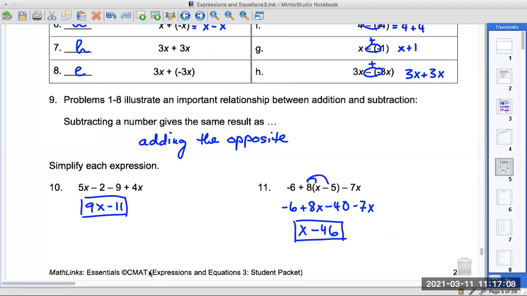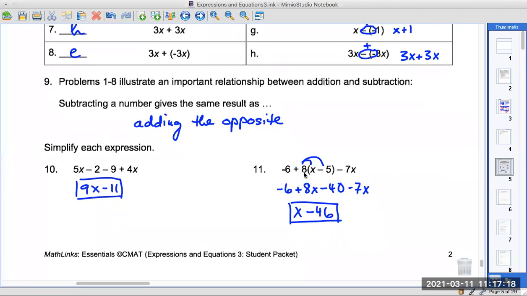Okay, check your answers. You have 5 plus 4 is 9x, -2 plus -9 is -11. This would be the answer for 10. And on 11, you had to distribute 8. So start from left to right, -6 plus 8 times x is 8x. 8 times -5 is -40. Finish the problem.